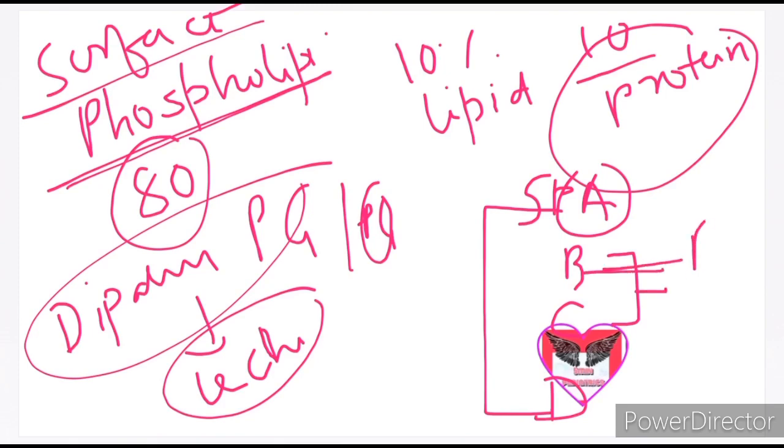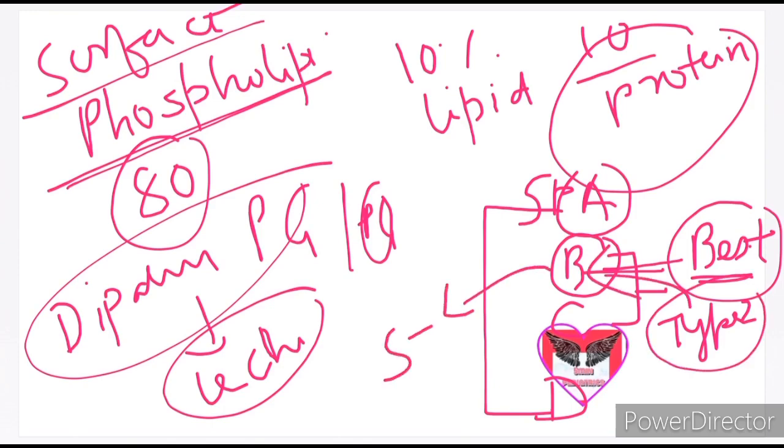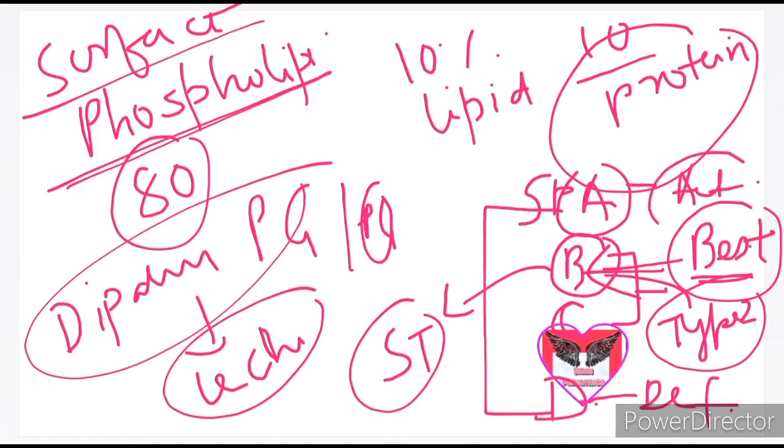B for best, remember B for best. This is the most important protein and it is formed by type 2 alveolar cells, and this helps in reduction of surface tension. A and D are for defense. A activates macrophages and causes uterine contraction, and A and D are responsible for the defense mechanism.